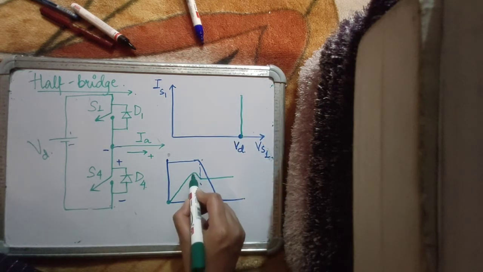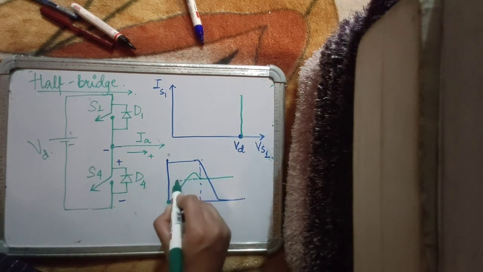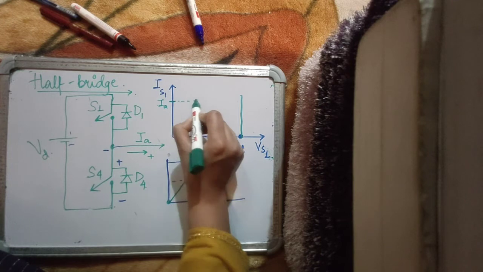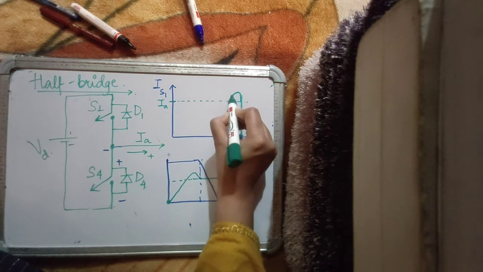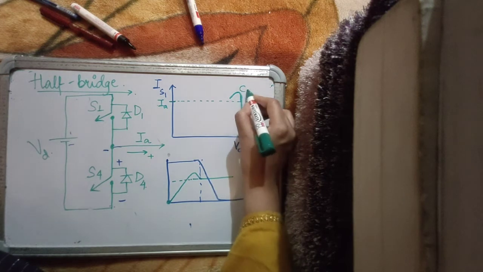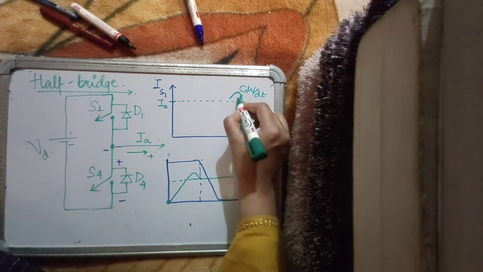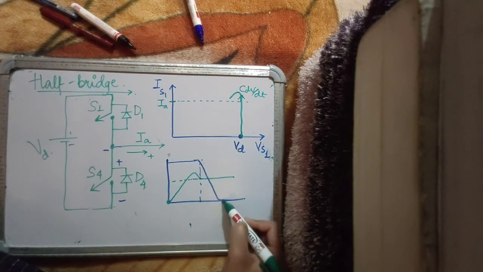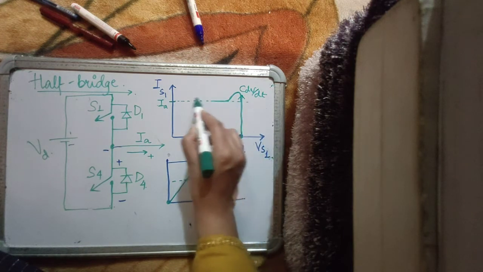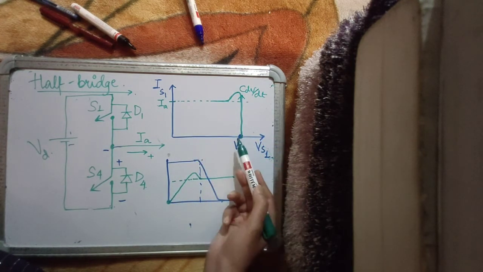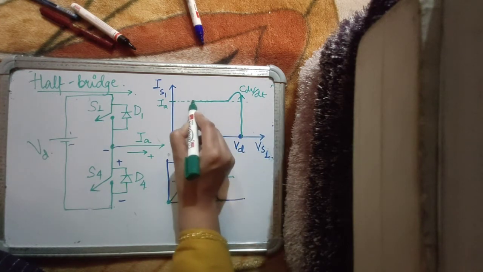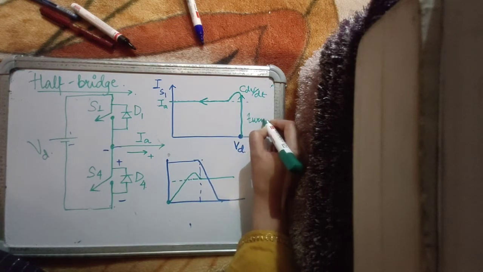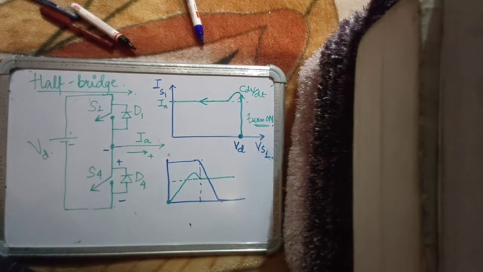By the time the current almost reaches its final value, of course with a small kick, if this is the final value of the current IA, it will exceed IA by a small kick due to the L di by dt, due to the C dv by dt kick. And then after that, the current will remain constant and the voltage will start falling. So you'll retrace like this, right? This is the turn on curve of a diode clamped device.